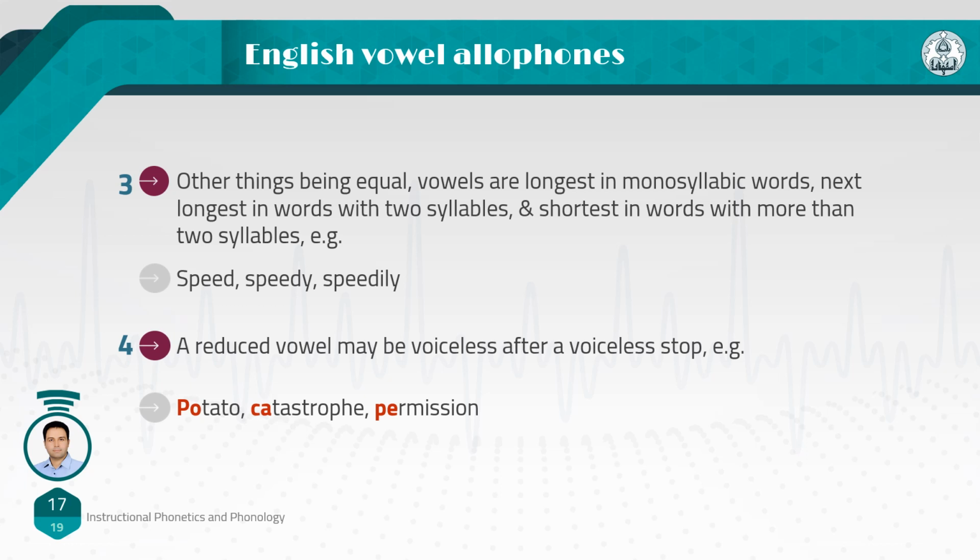P is a voiceless stop, so the vowel after it, which is o, is reduced. This is why you can't hear a full vowel in potato. You hear just a little bit of it. Catastrophe, you don't say it with a full vowel. Permission, permission. So vowels are reduced when they're preceded by a voiceless stop.